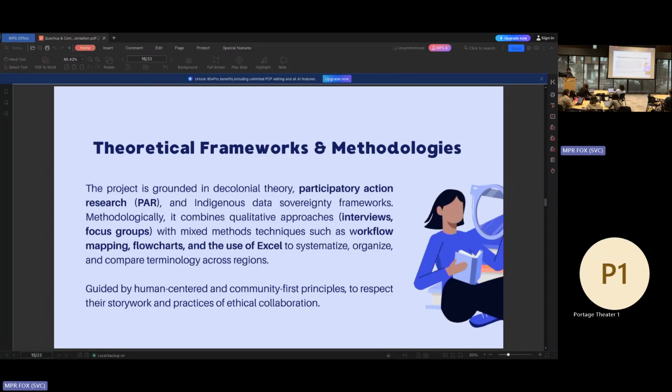Some theoretical frameworks and methodologies: participatory action research, indigenous data sovereignty frameworks, but also, of course, interviews, focus groups, thought mapping, creating flowcharts, and especially the use of Excel.